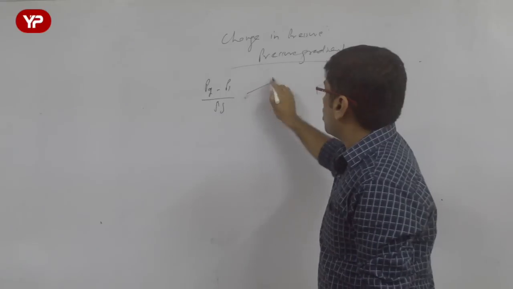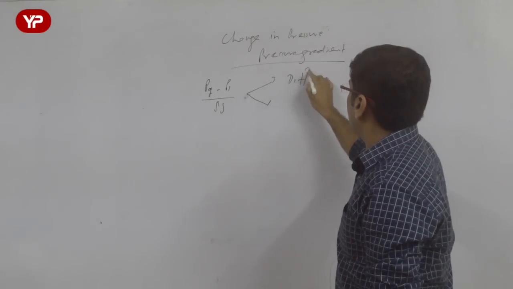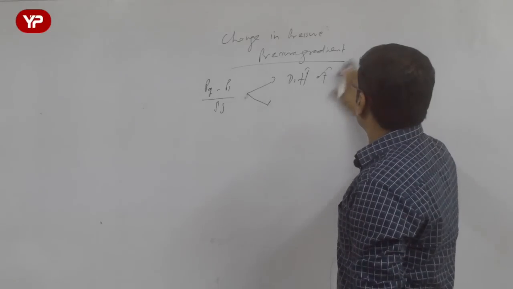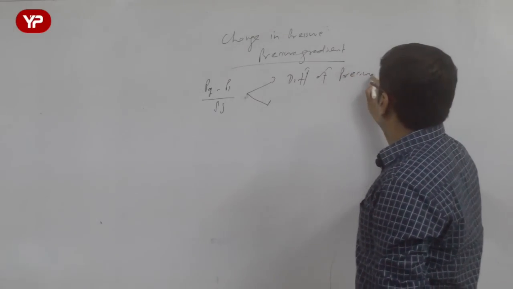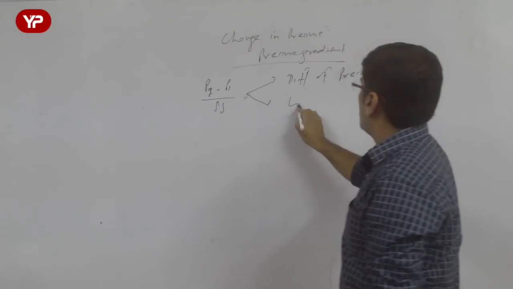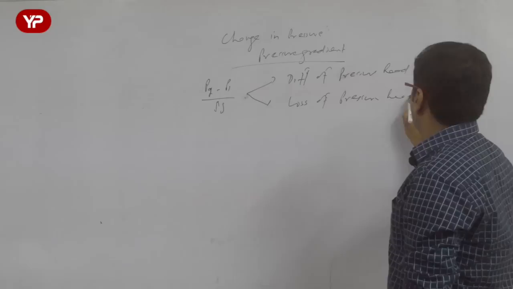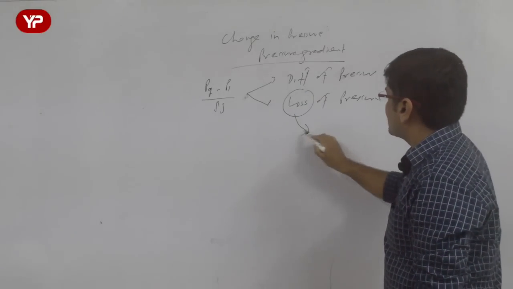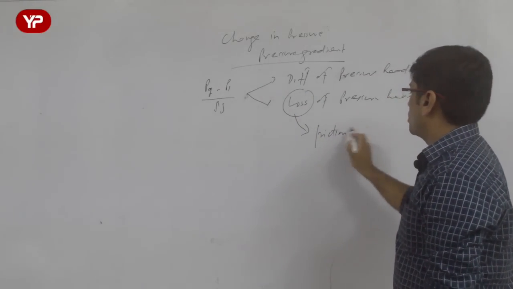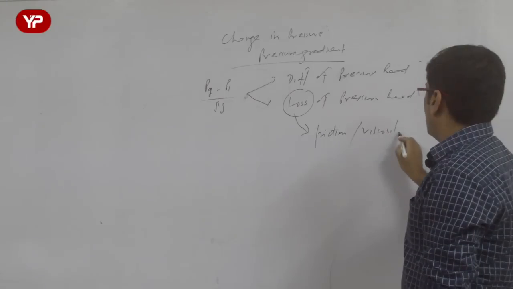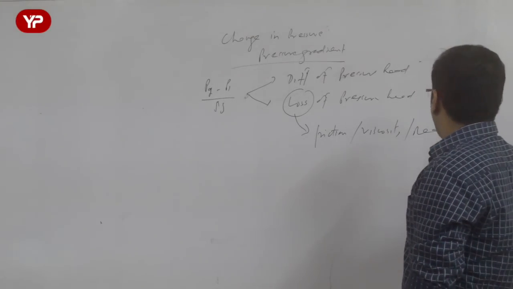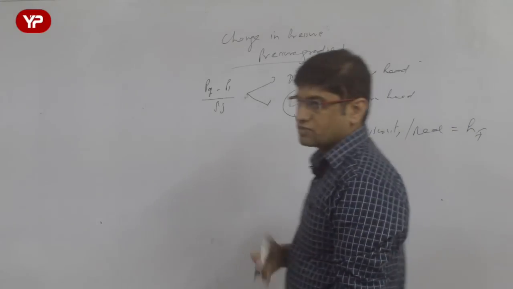This is called difference of pressure head, or this is called loss of pressure head. Now remember, this loss term is related to fluid friction or viscosity, and that is for real fluids, and this term is called HF. That is what we have written.